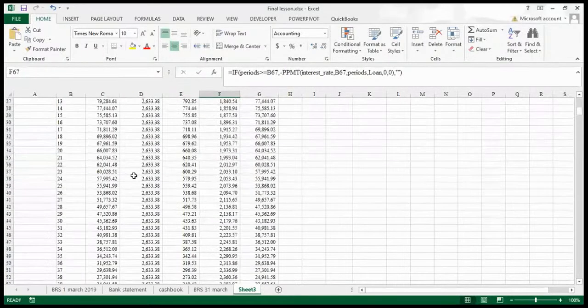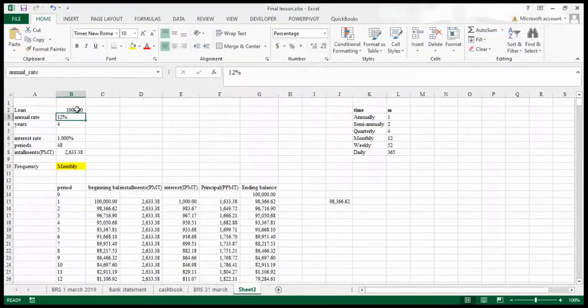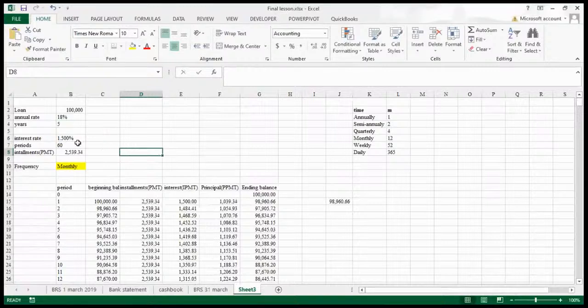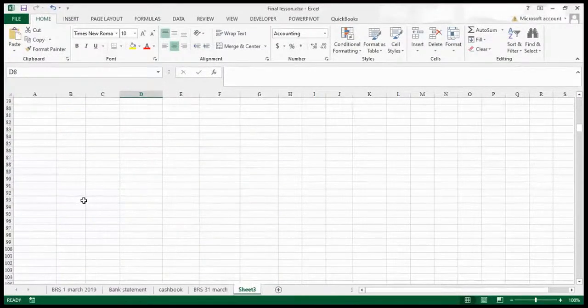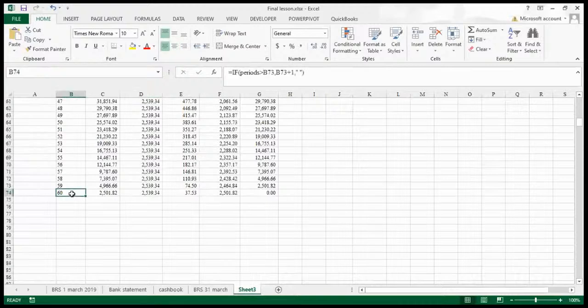So we've automated this. So if somebody says this loan that you want is not 12%, it is 18% per annum, and you have to pay it for 5 years, on a monthly basis, you are simply telling the person you will be paying an installment of 2,539.34 per month for 60 months, and the 60th month is here.